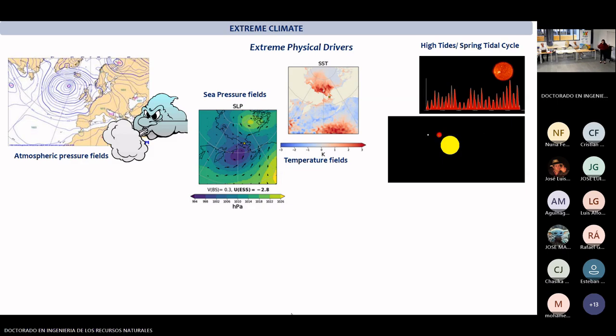And all the hazards inducing the coastal problems are induced by one mechanism or the combination of different mechanisms.